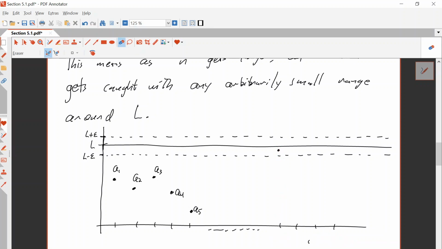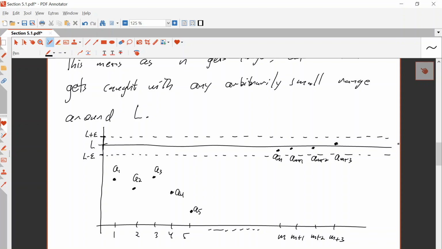Oops, that's M, sorry. This is 1, 2, 3, 4, 5, M, M plus 1, M plus 2, M plus 3. This is a_M, a_(M+1), a_(M+2), a_(M+3). So eventually the sequence gets stuck inside this little range around L and doesn't leave.